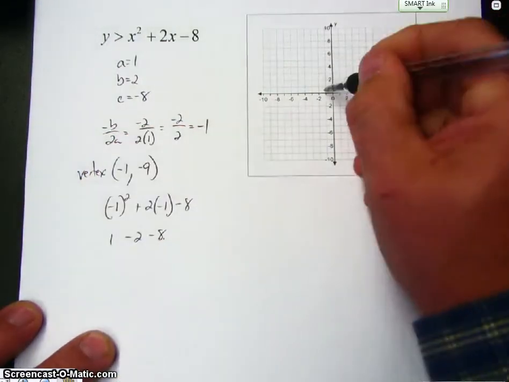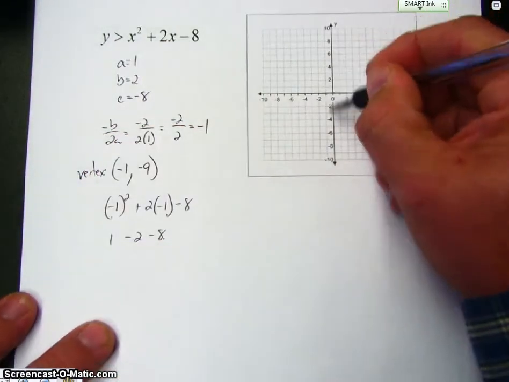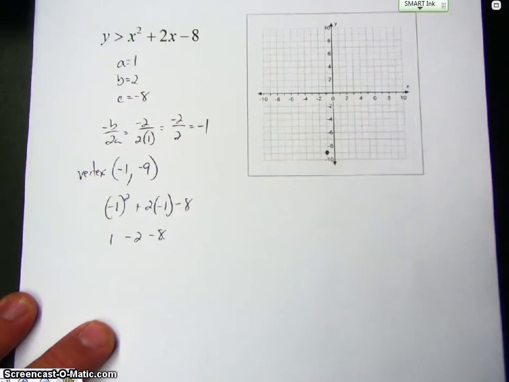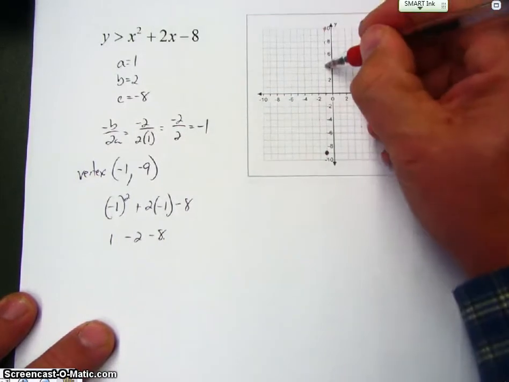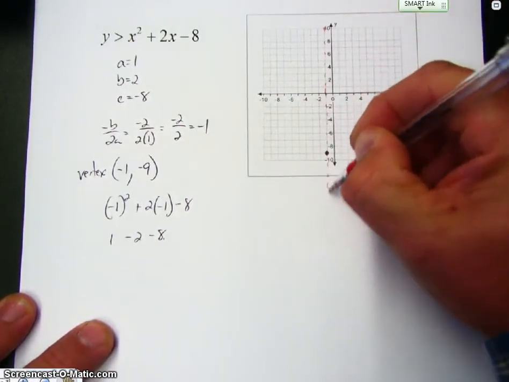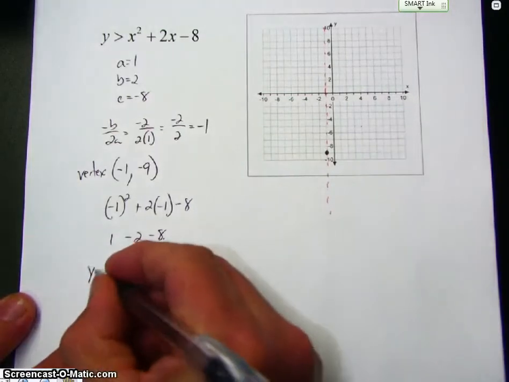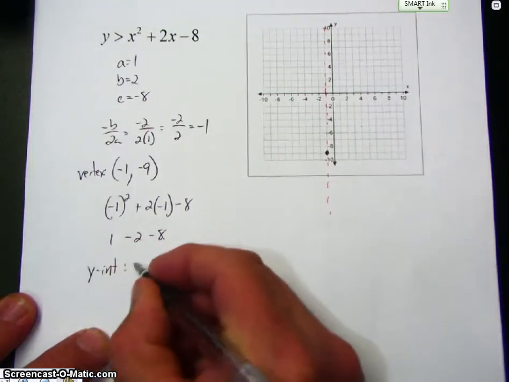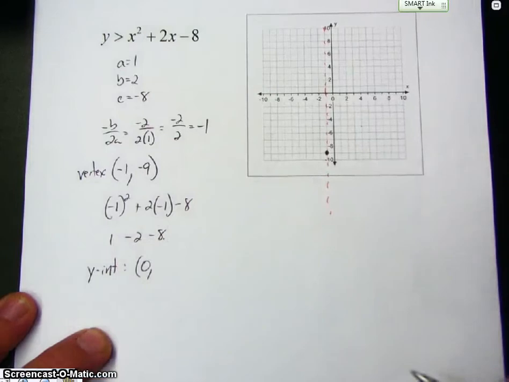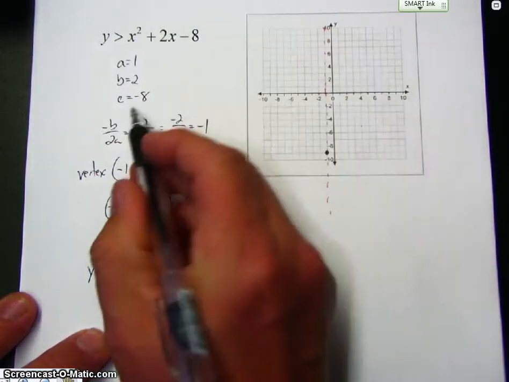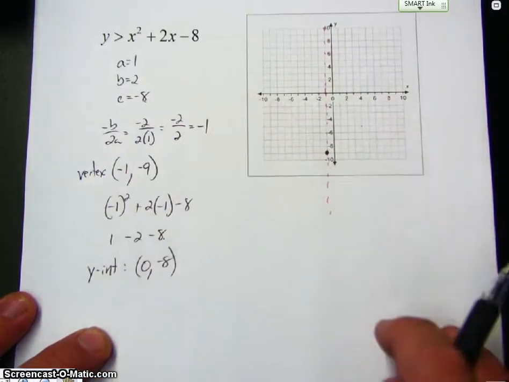So I'll plot that point. Negative 1, negative 9. Immediately draw my axis of symmetry. Next, I plot my y-intercept. In this case, remember x will always be 0, and whatever c is, negative 8. So there's my y-intercept.